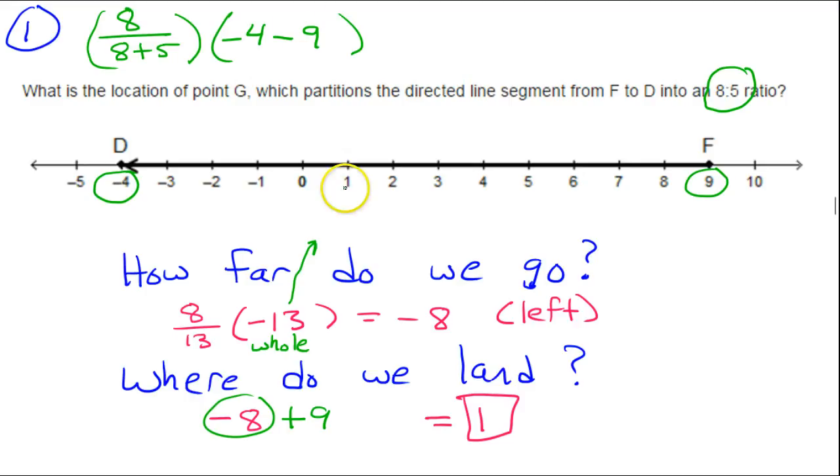If we take that motion and then add our starting point, that will tell us where we're going to land. All right, so we have our fraction of the total, then plus our starting point, and that's going to tell us where we land. So you'll see this written out as a formula. Now you know where all the pieces come from.